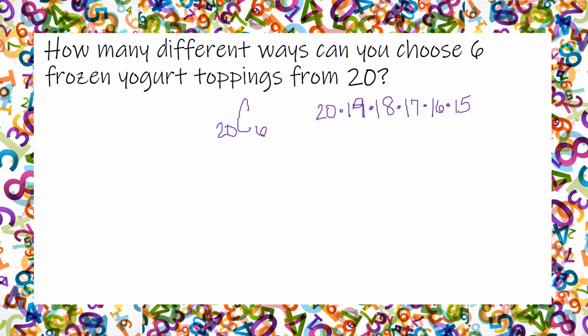So then all you're going to do is divide by 6 factorial, which is 6 times 5 times 4 times 3 times 2 times 1. So 20 times 19 times 18 times 17 times 16 times 15 gives us 27,907,200.